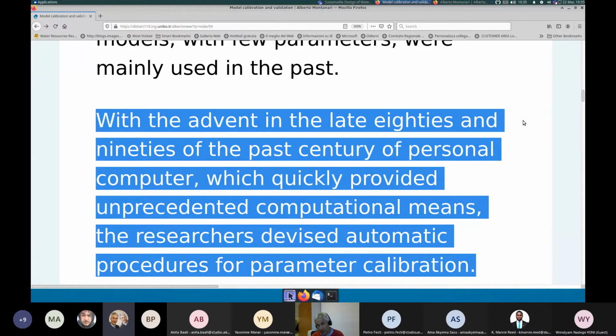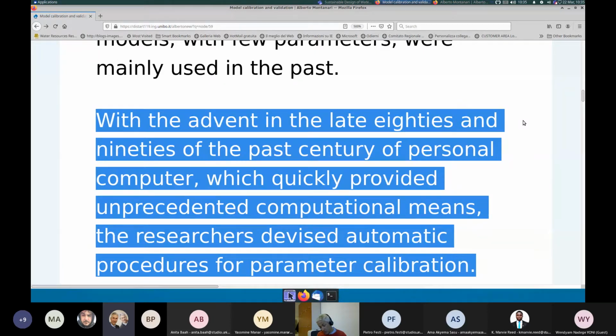But if you use an objective function and you want to find the value of theta that minimizes the sum of squares, it can be done automatically. The computer evaluates for each trial the result of the sum of squares and makes another attempt. And if the second attempt gives a sum of squares that is lower, then the second attempt is retained. It's a simple programming that only requires putting some conditions.